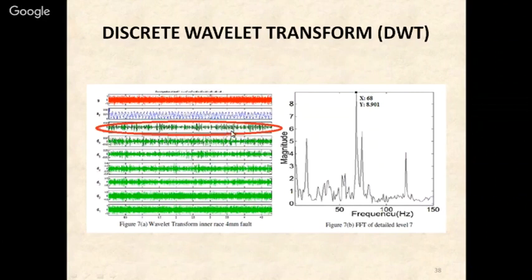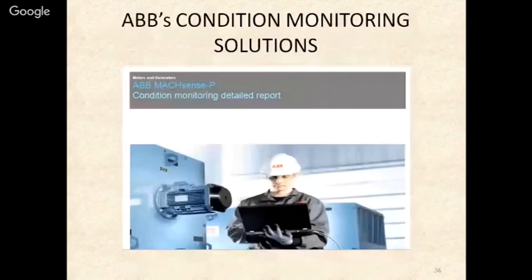The frequency band of our interest will then be used for computation of the FFT, or will be analyzed for statistical parameter calculation. This is done basically to denoise the signal or to demodulate the signal. So discrete wavelet transformation is a technique for analysis of signals.